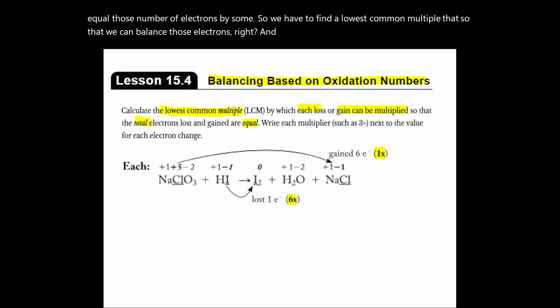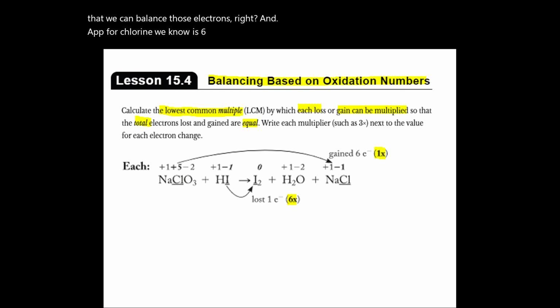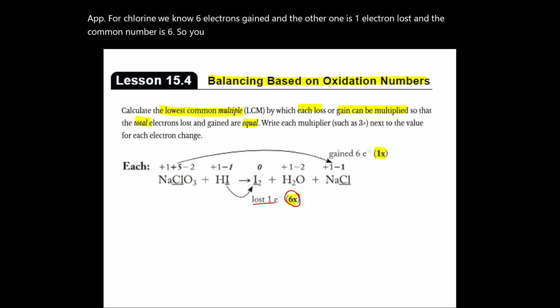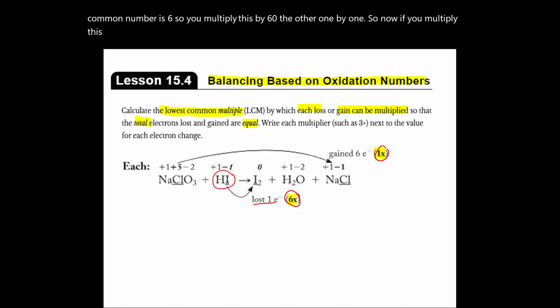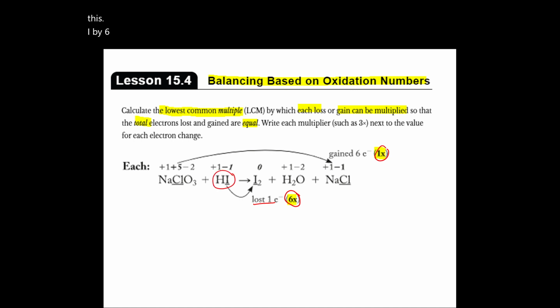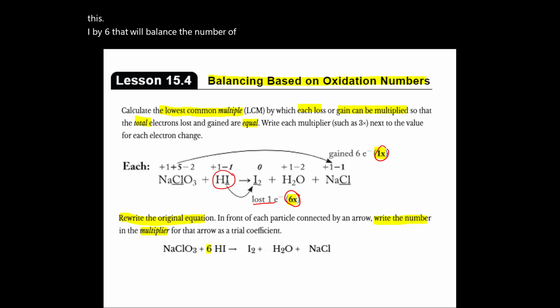For chlorine, we know 6 electrons are gained, and the other one is 1 electron lost, and the common number is 6. So you multiply this by 6, the other one by 1. So if you multiply this HI by 6, that will balance the number of electrons.